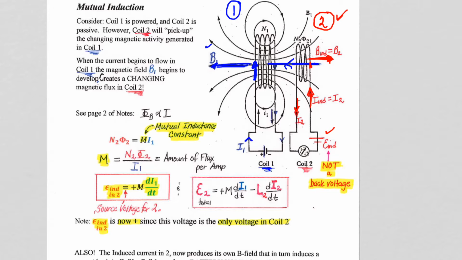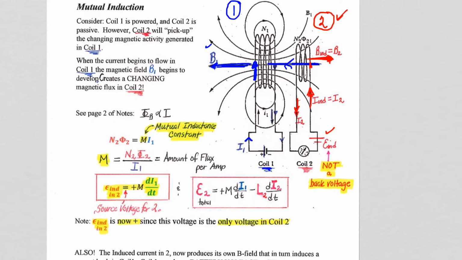If you are having any difficulty with this, please make sure when we get back together in class, you sort that out with me so that your basic cross products I dL cross r hat are going in the right direction. So that's the basic premise of what nature is presenting to these two coils.